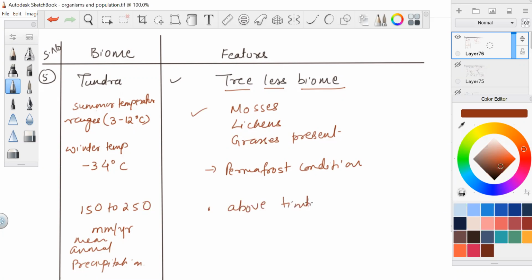What is the timber line? This is the line above which trees are absent. Above the timber line, no trees.